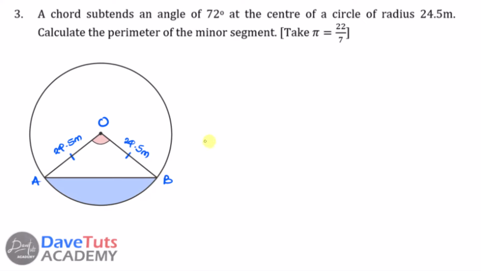That is what we are looking for. So we can say perimeter of the minor segment in this case is going to give us nothing but the length of the chord AB plus the length of the arc AB.